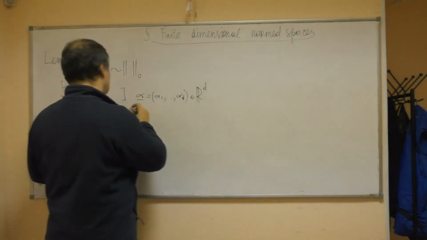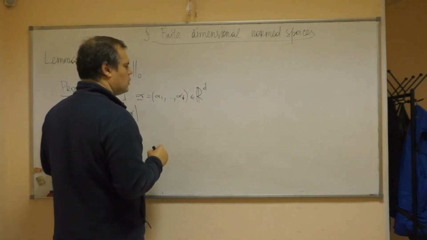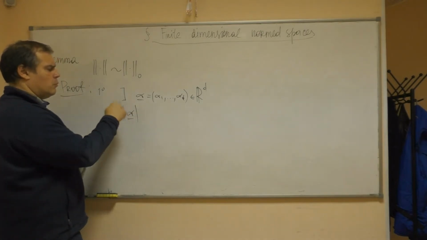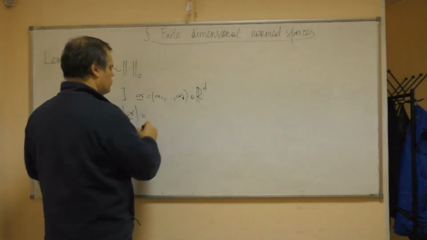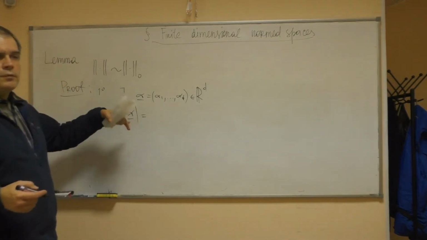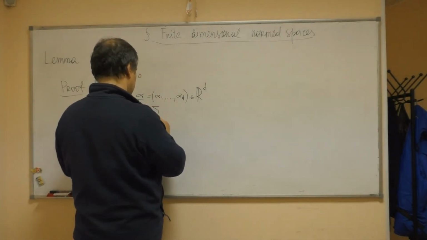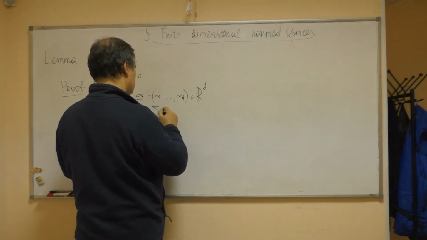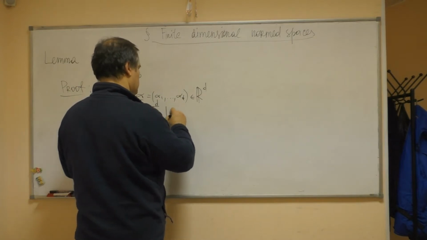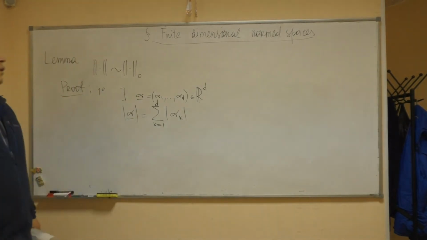And let us denote the norm in Rd by just brackets consisting of one stick, as absolute value, to distinguish it from the norm in X. So it is convenient to define the norm in Rd as the sum of absolute values of coordinates of alpha.